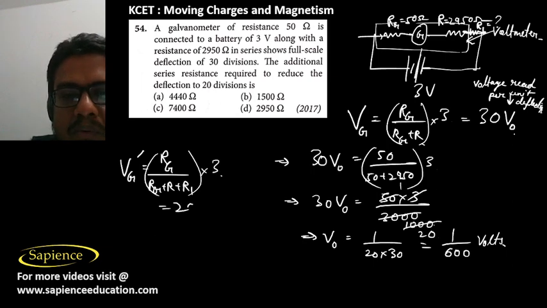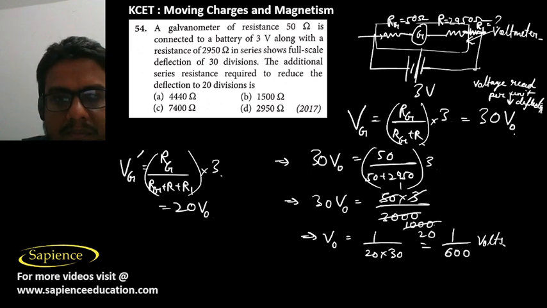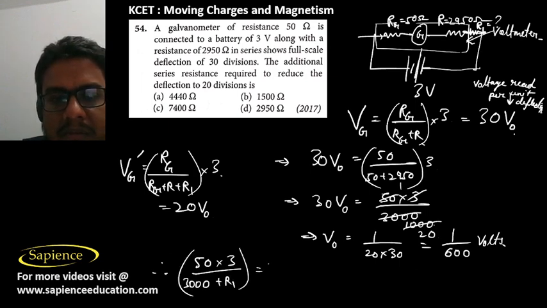So that is equal to 20 V naught. Then R1 is how much? So 50 into 3 by 3000 plus R1 is equal to 20 into V naught, that is 1 by 20 into 30.